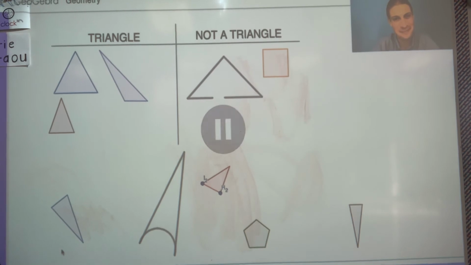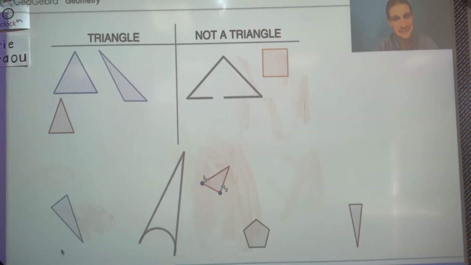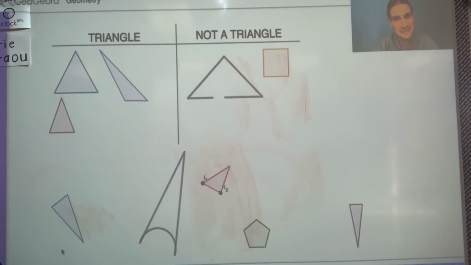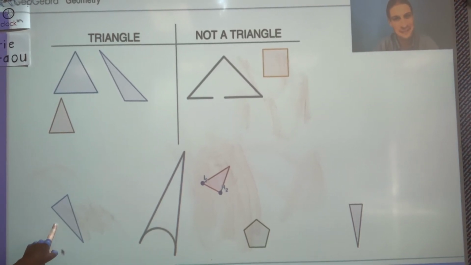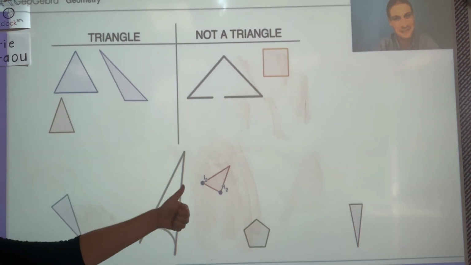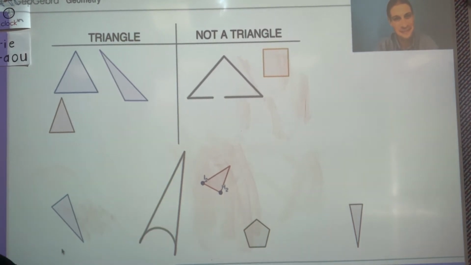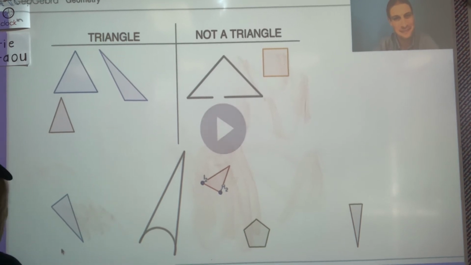Oh, now who can raise their hand and use a sentence like Peyton did to describe this shape? Smearty? That is a triangle because it has 3 corners and 3 sides. I love it, Smearty. That was awesome. Let's listen.